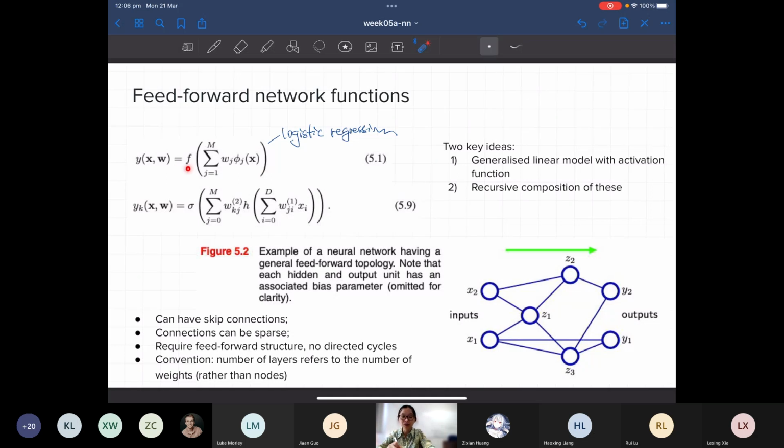We can choose different functions f. In the classification lecture, we did strongly motivate the choice of the logistic function. But in here, we essentially say we're looking at generalized linear models with activation functions that are logistic and other things. And we make use of these ideas of recursive composition of the same computational structure.